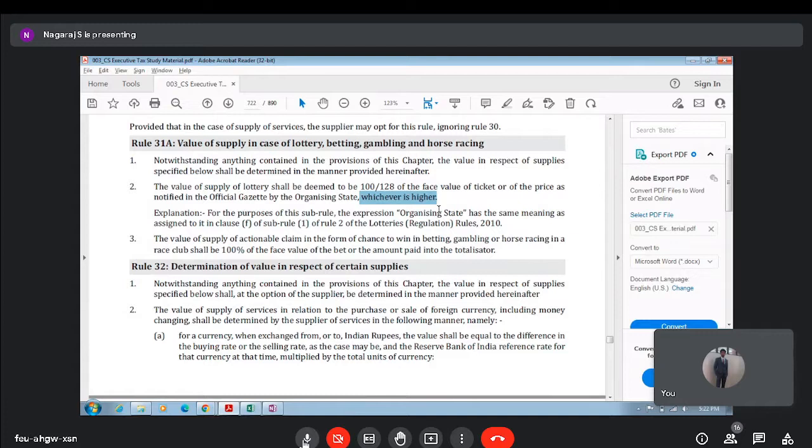Whatever the face value is, multiplied by the number of lottery tickets, into 100 divided by 128 will be the value of supply. That is one figure. Or whatever the amount notified by the state organizing the lottery, compare the two, whichever is higher will be the value of supply.